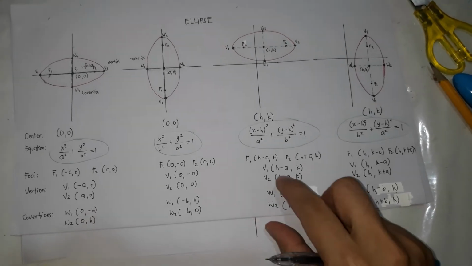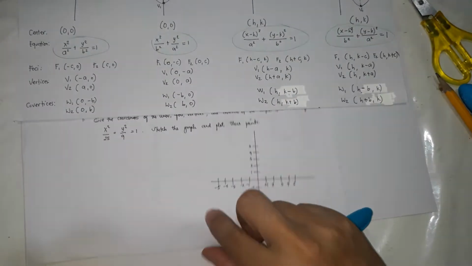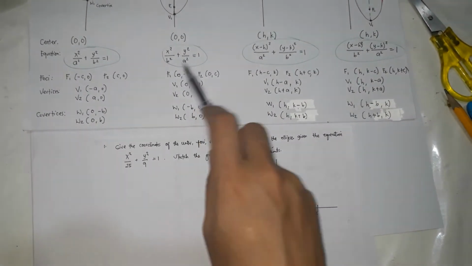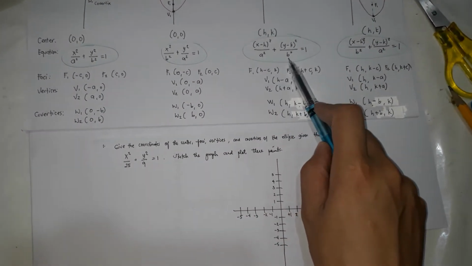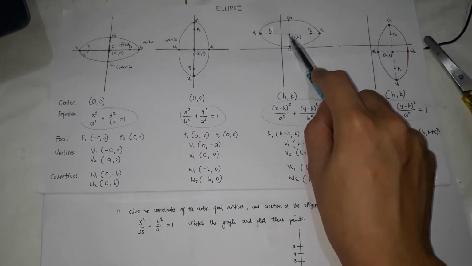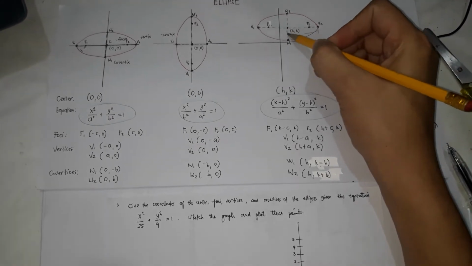So, for us to really understand it well, we're going to have an example. However, before that, kailangan natin ma-identify kung ano ang A, ano ang B. Ang A is the distance between the vertex at saka ni center.